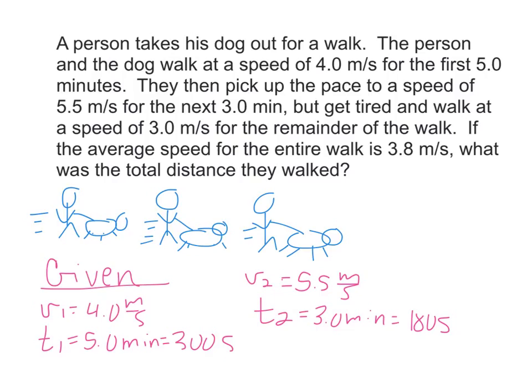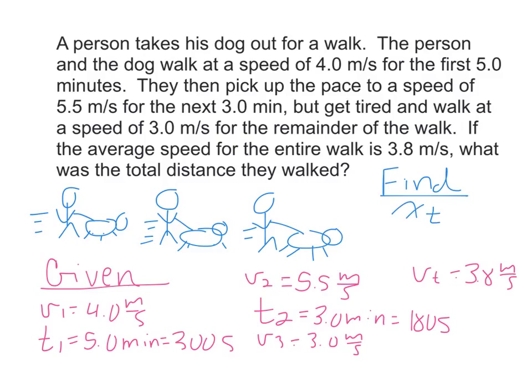We know that the speed for part 3 is 3 meters per second, and we know that the total average speed is 3.8 meters per second. We want to find the total distance.